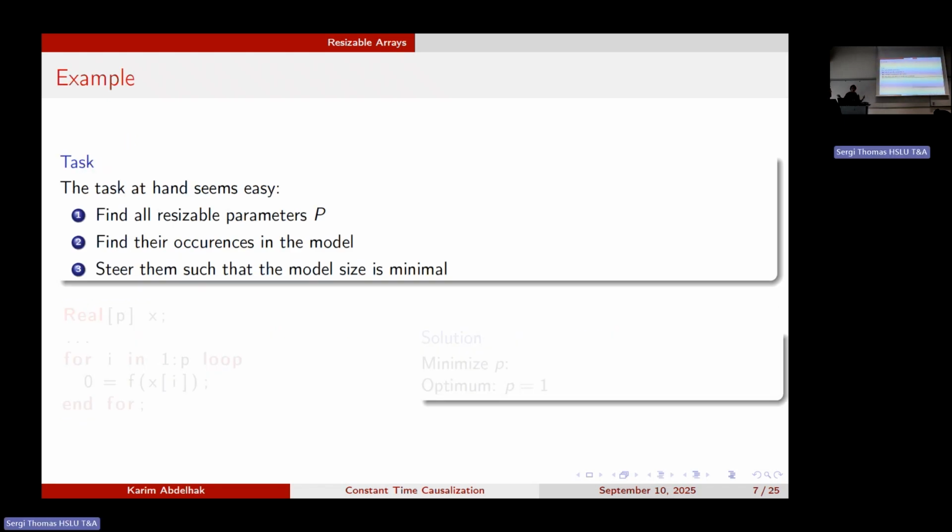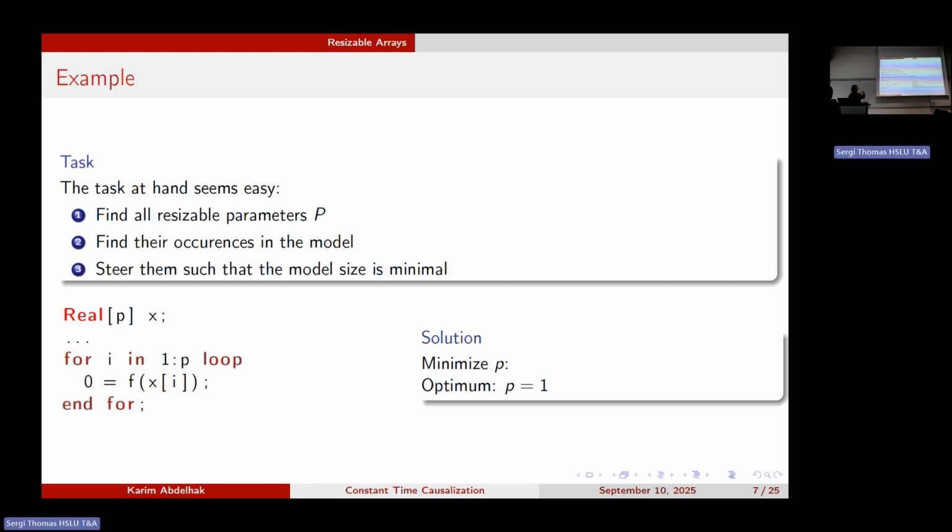Okay, the task at hand seems easy. Find all resizable parameters, find their occurrences in the model, and scale them down such that the model becomes as small as possible. That sounds easy, but I will show you some small examples on why that isn't that easy. So first example, we have a variable x with the size p, which is a parameter that is supposed to be resizable.